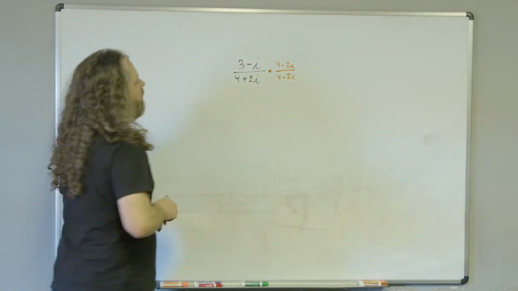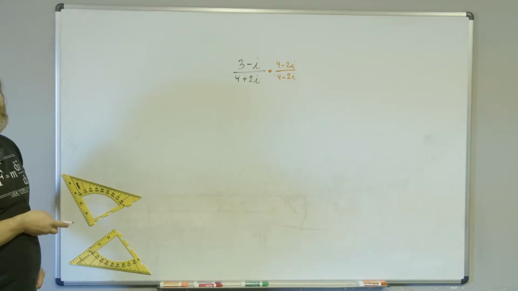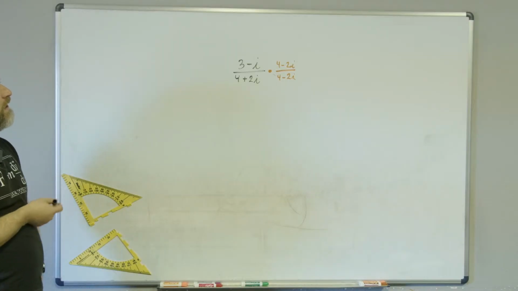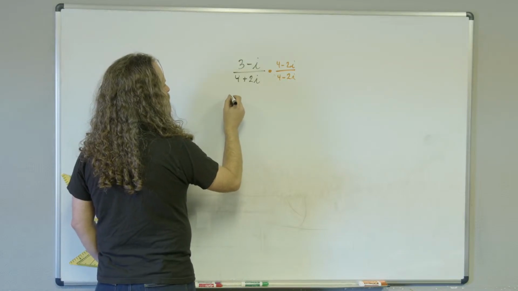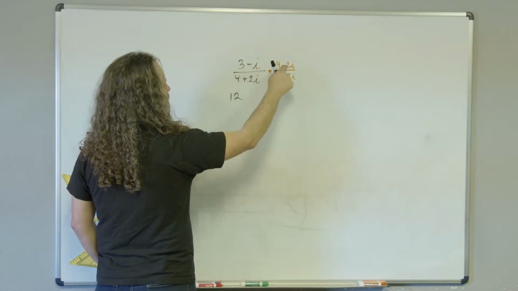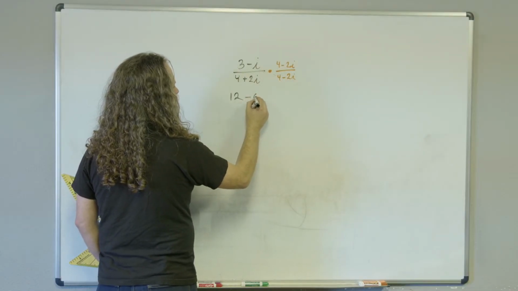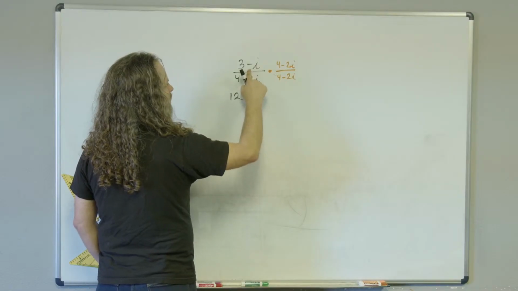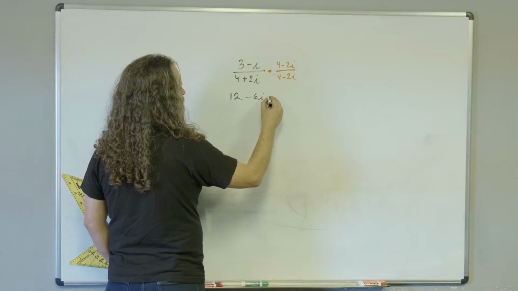Okay. So in the numerator, we got to distribute everything, right? So what's 3 times 4? 12. What's 3 times negative 2i? Negative 6i. What is negative i times 4? Negative 4i.